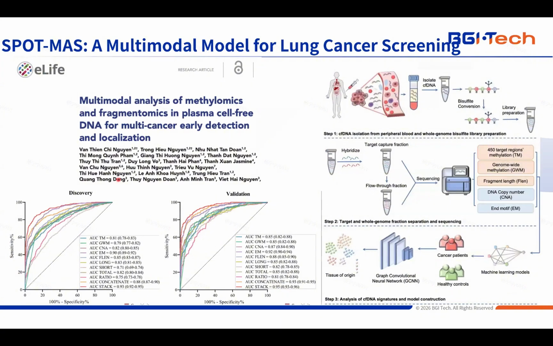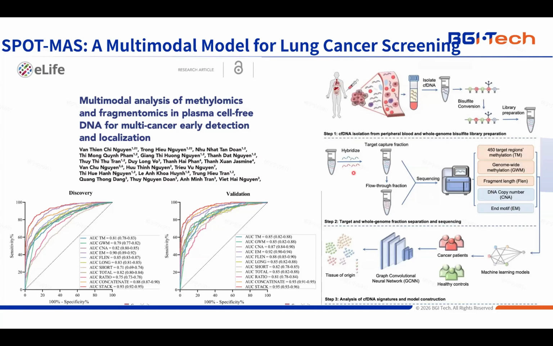So next, let's take a look at some cases. The first is a paper in which the researchers developed a multimodal method called SPOT-MAS. As the workflow shows here, it detects tumors by looking at the methylation of the DNA, the copy number, and the end motifs of cfDNA.